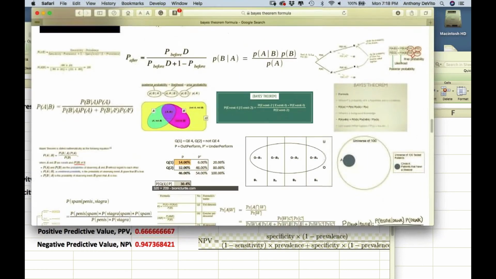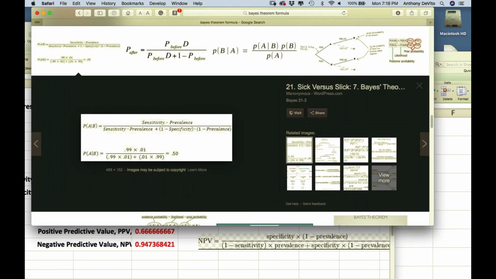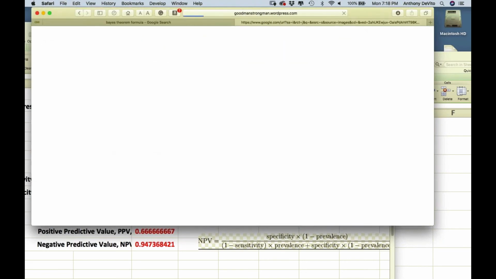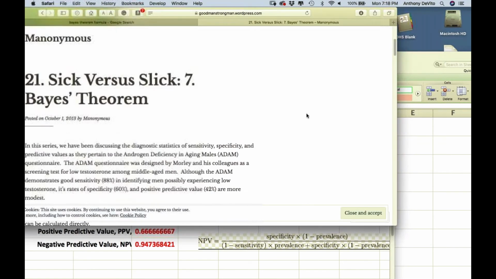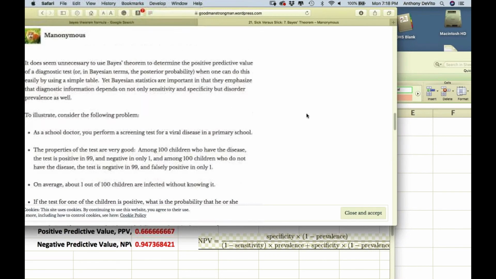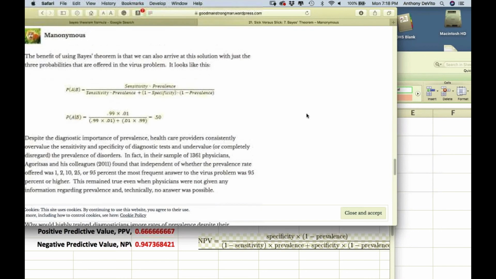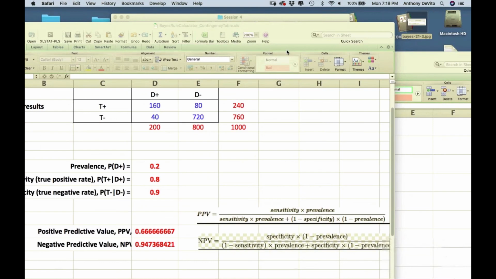Very strange people in statistics. The formula should be in there somewhere, I guess. There it is. Okay, I'm going to steal that formula and put it over here. Strange things can happen when you go on the internet without being prepared, right?